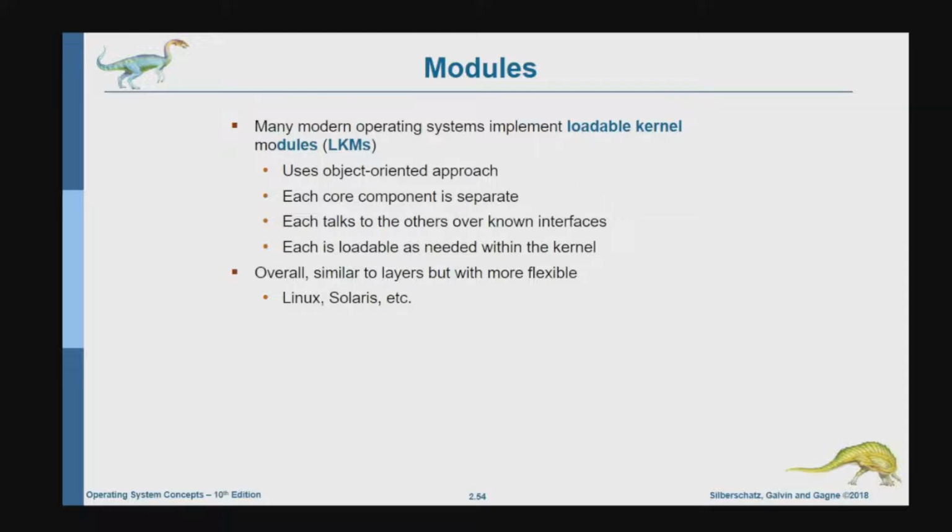I believe everyone is already familiar with the object-oriented one, meaning we have the object and what is associated with this object. Each talks to the others over known interfaces, and each is loadable as needed within the kernel. So overall it is similar to the layers, but more flexible. For example, it is applied in Linux and Solaris.